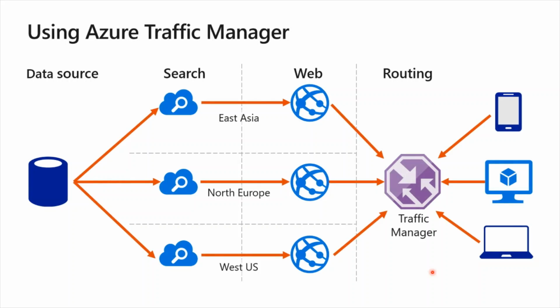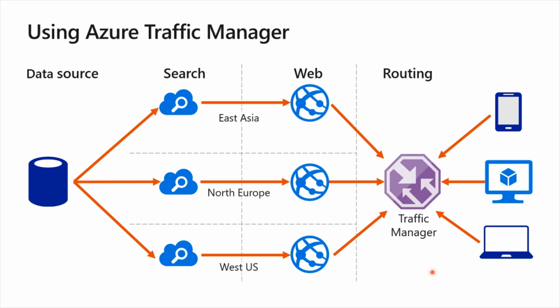Using Azure Traffic Manager. With two or more indexes available in two or more regions, a user is routed to the Azure Search service that provides the lowest latency. Azure Traffic Manager enables you to route search requests to multiple geographically located web apps that are then backed by multiple Azure Search services.